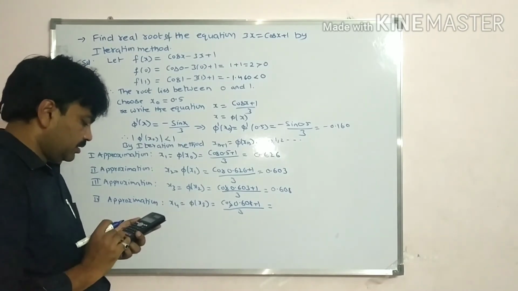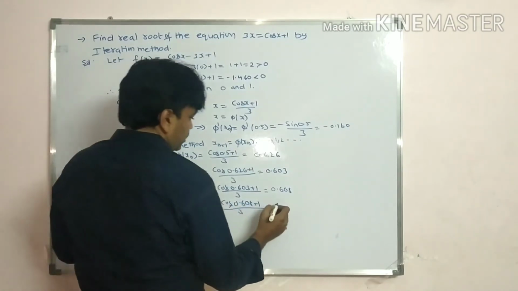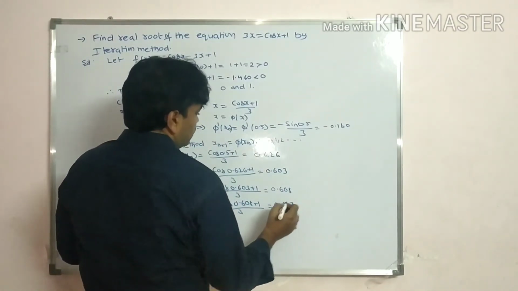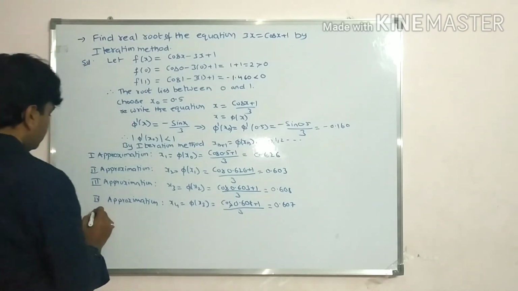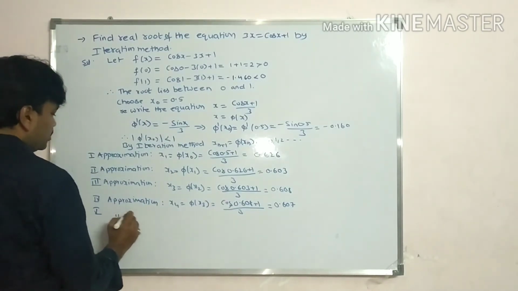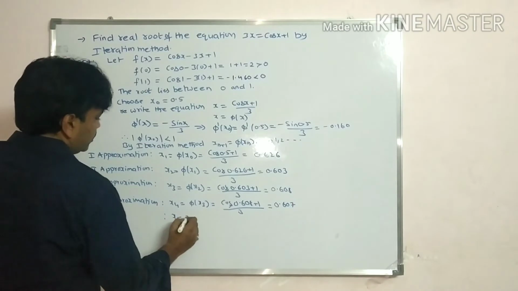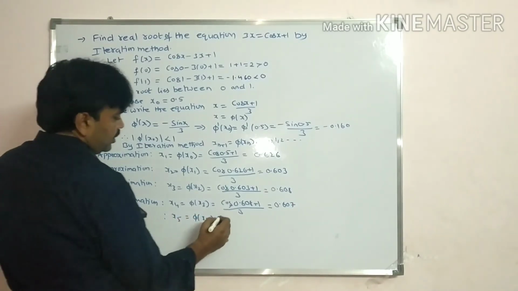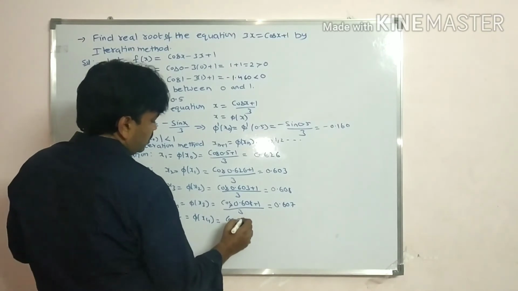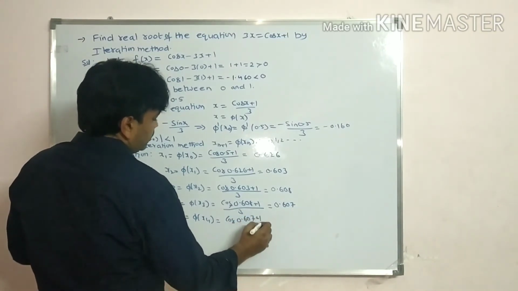We get 0.607. See, students, the roots are nearer here, so I want to write a fifth approximation also. x5 is equal to phi of x4, that is (cos 0.607 plus 1) by 3.